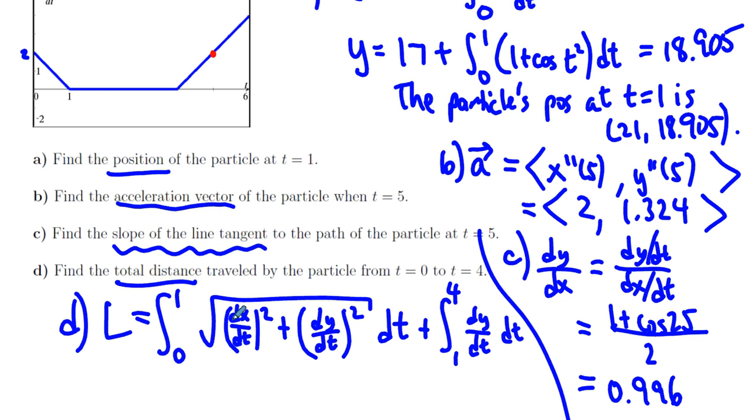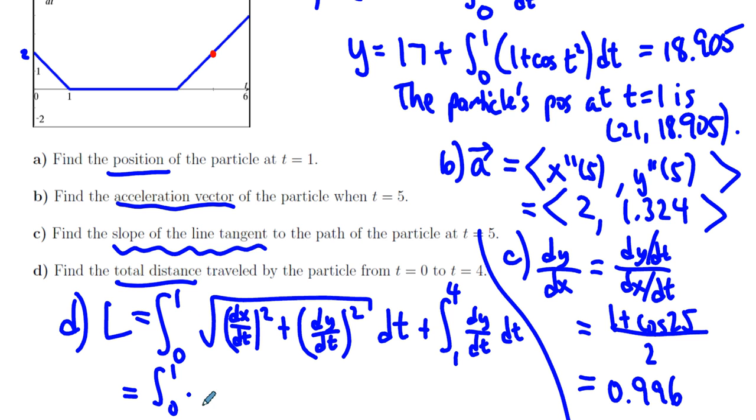What's dx dt? Well, that's a line. That's the line y equals negative 2x plus 2. Sorry, negative 2t plus 2. So your calculator can do this.